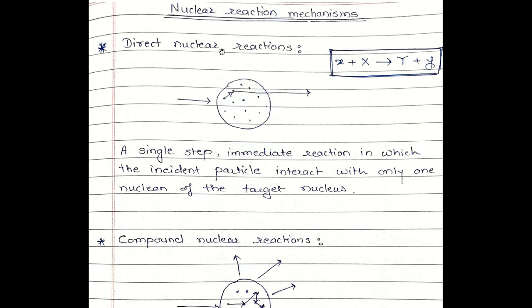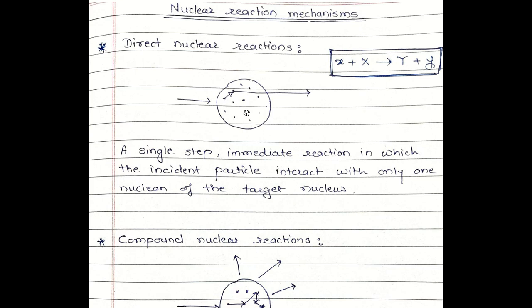In case of direct nuclear reaction, the energy associated with this incoming particle will be absorbed by a single nucleon, as a result of which the nucleon will either skip that nucleus or it will be absorbed by that nucleus.